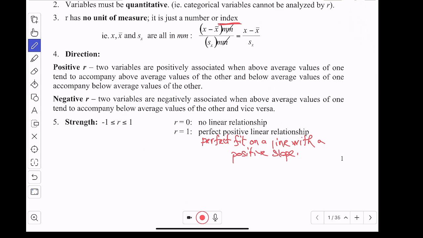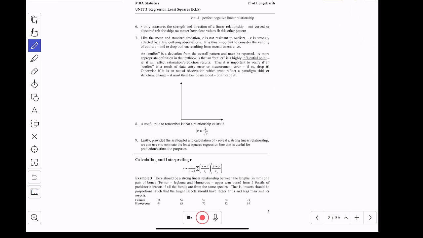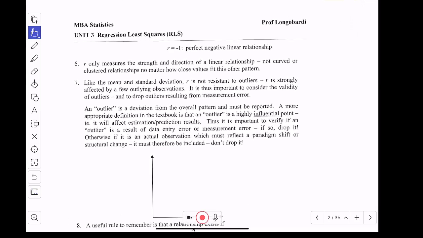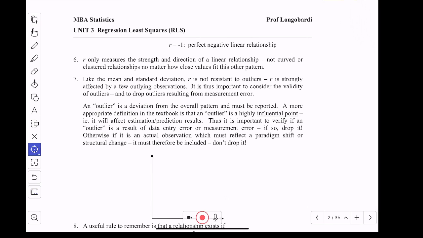So they perfectly fit on a line with a positive slope. If R equals -1, they perfectly fit on a line with a negative slope. Sixth point, R only measures the strength and direction of a linear relationship, not a curved or clustered relationship, no matter how close values fit this other pattern.